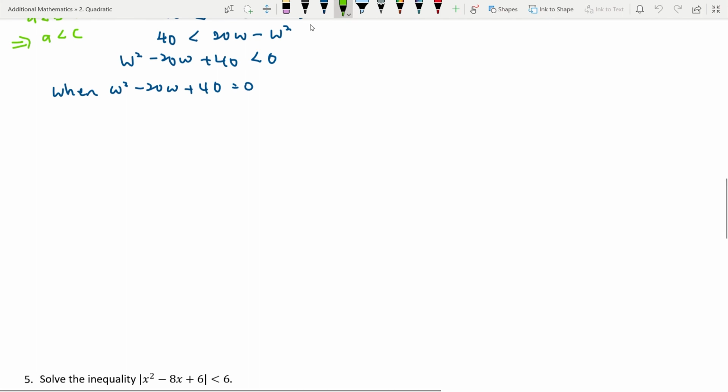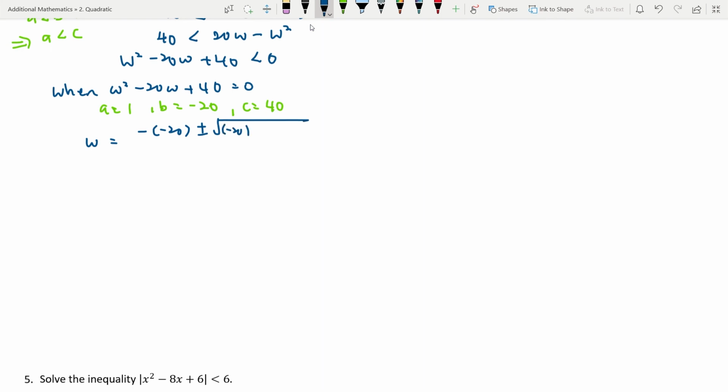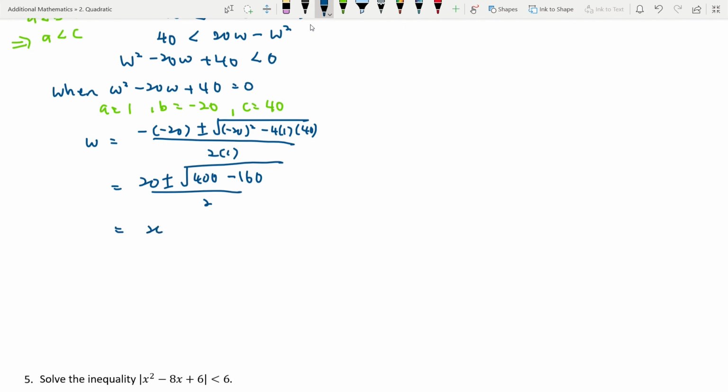Let's use the formula. A is equal to 1, B is equal to negative 20, C is equal to 40. W is equal to minus B plus minus square root B squared minus 4AC divided by 2A. Simplify the equation, we will get 20 plus minus square root 400 minus 160 over 2, which is 20 plus minus square root of 240 over 2.